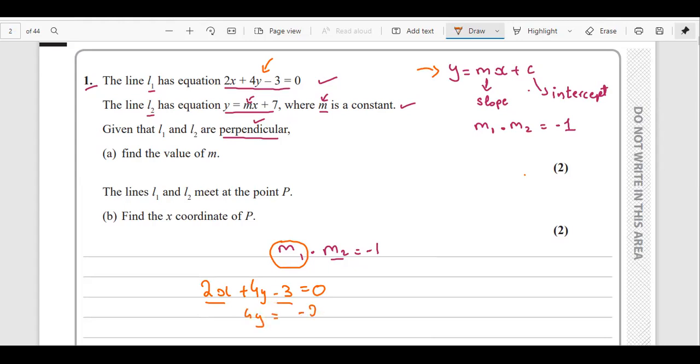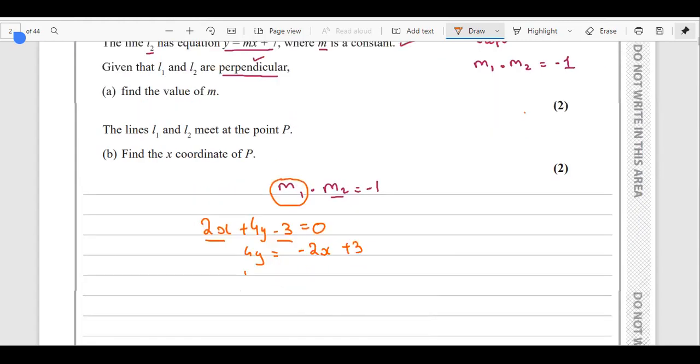So I will have 4y equals minus 2x plus 3, and y would be minus 2 by 4x plus 3 by 4. Okay, so this implies that M1, that is slope of L1, would be -1 by 2, right?